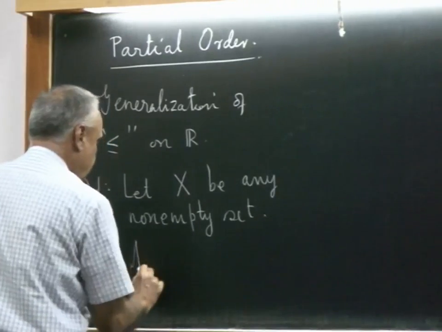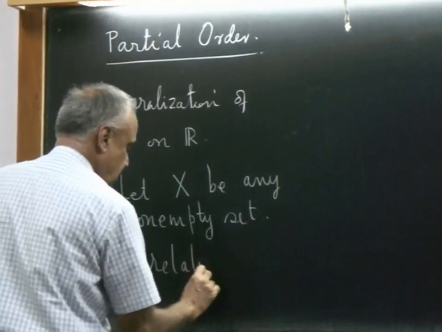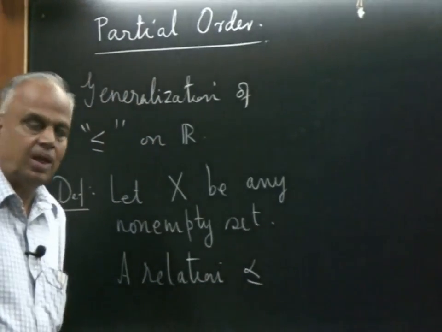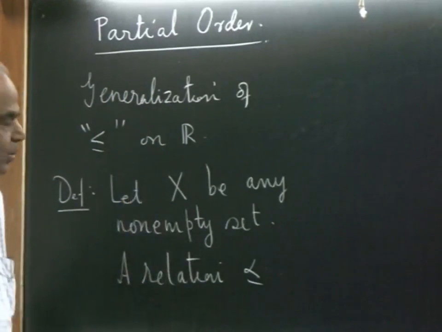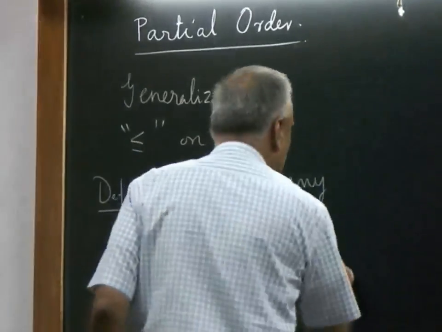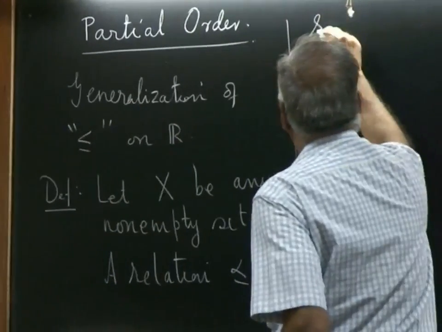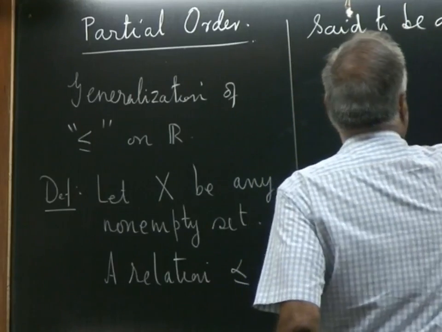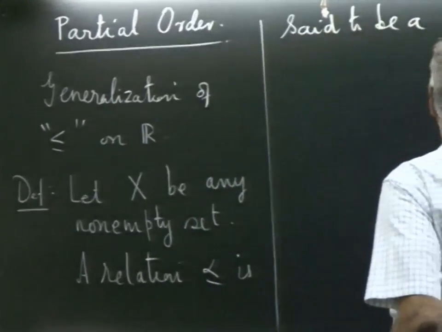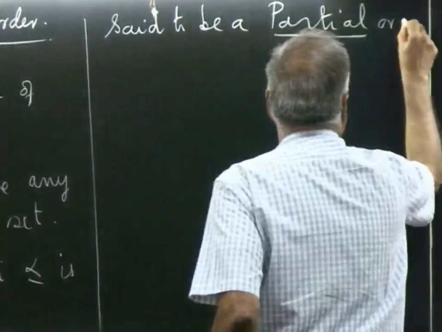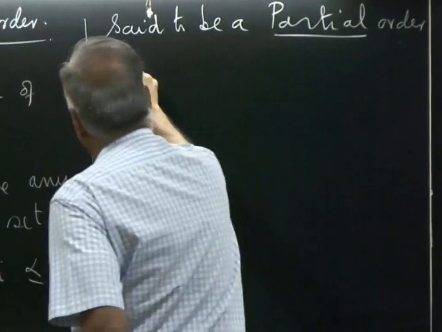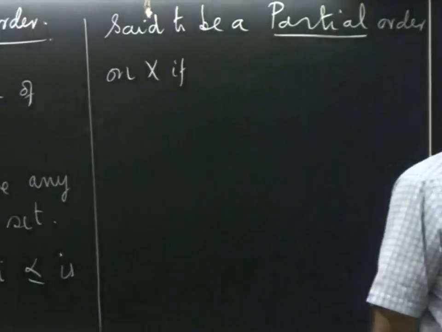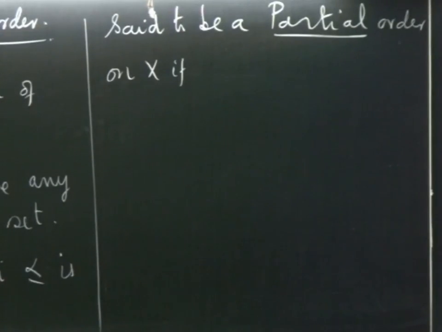Then a relation, which we will denote by this symbol, a slight generalization of the less than or equal to symbol, is said to be a partial order on X if certain things happen. Okay. The same thing that happened to less than or equal to happen.